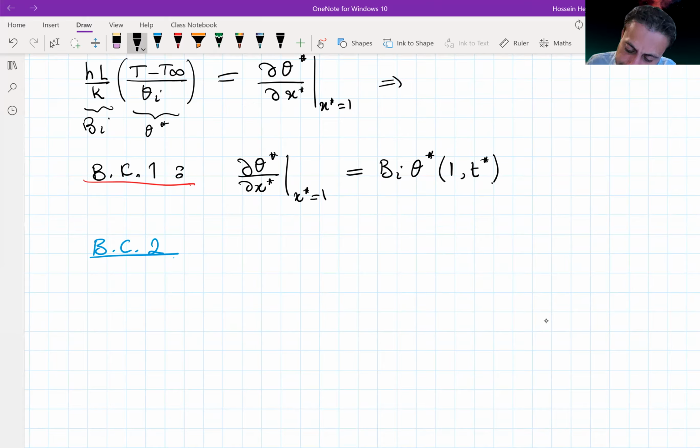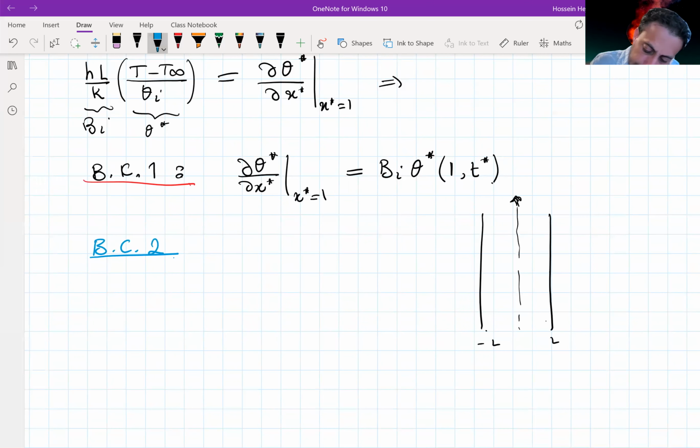So what we have is a solid, let's say this is the center line, and this is L, minus L, and initially it is at Ti, so let's say this is Ti, and it starts losing heat to the surrounding medium, so it starts cooling off from the sides initially, and temperature reaches toward T infinity, and as time goes by the temperature starts to decrease.